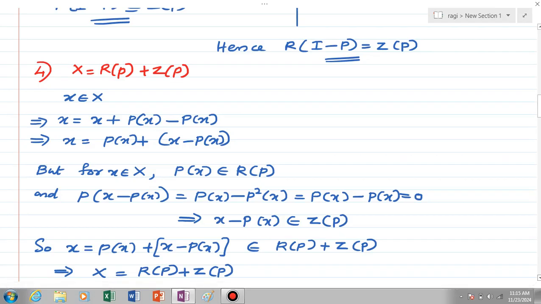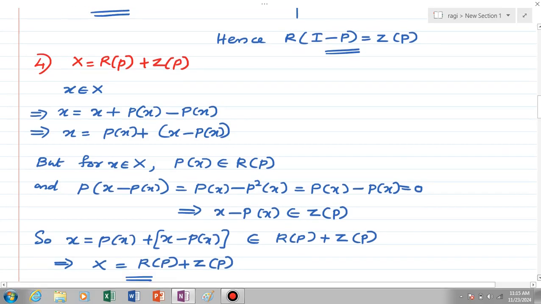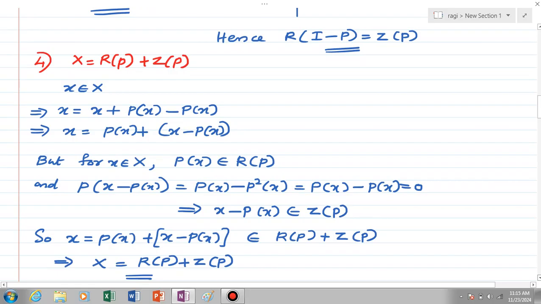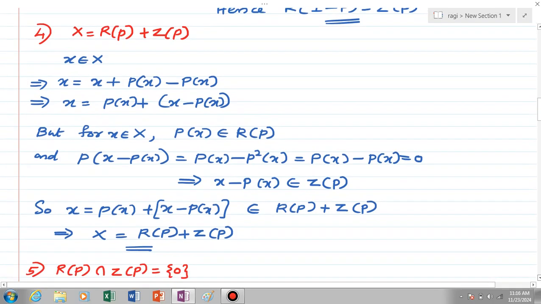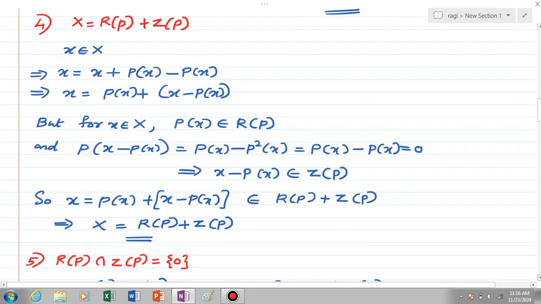So this element X minus P of X is an element of Z of P. So we have written X element of capital X as the sum of P of X and X minus P of X, that is, elements of R of P and Z of P. Okay, and since R of P and Z of P are clearly subspaces of capital X, R of P plus Z of P is a subset of capital X clearly. So from this we can infer that capital X is equal to R of P plus Z of P.